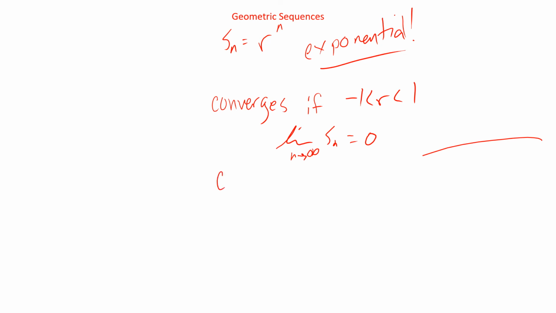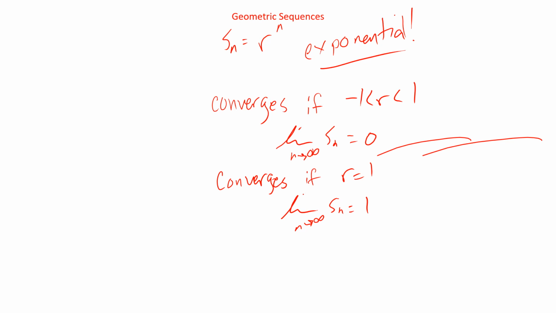Technically, it converges if r equals 1, the limit as n goes to infinity of S of n equals 1, because if r equals 1, that's just going to be 1, 1, 1, 1, 1. It's like the most boring sequence on the planet. But technically, it does converge to 1.